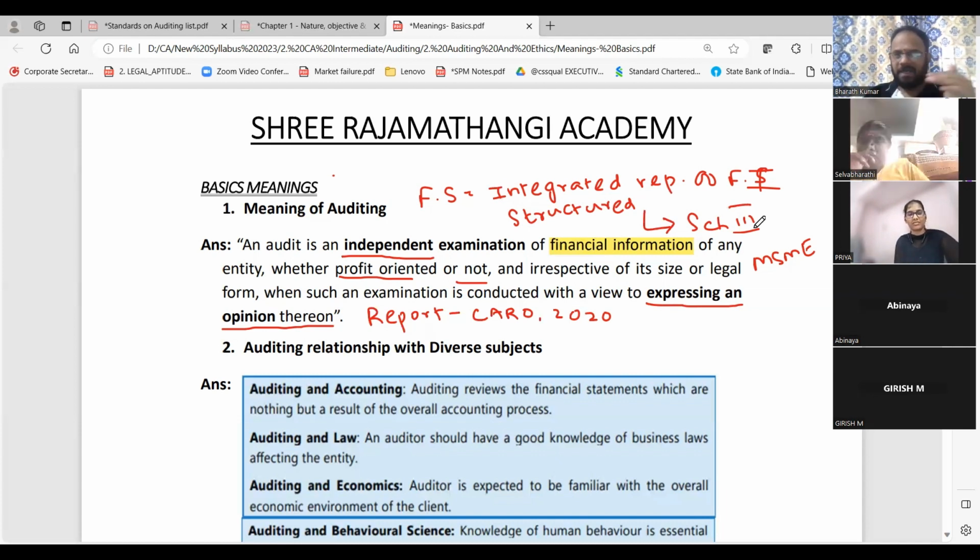So independently, without any influence, you will have to integrate or structure a representation of all the financial information. It can be a profit and loss account or an income and expenditure account. That means profit oriented or non-profit oriented. MSME, it can be for anything. Legal form, it can be sole proprietorship, partnership, HUF, LLP, cooperative society, club, trade association, whatever. And you will have to prepare, audit. Auditing is not complete unless and until you express an opinion.